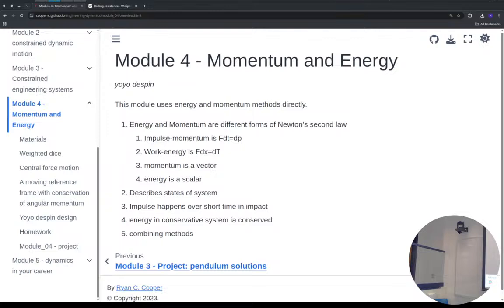Yeah, first stage is what were the concepts. Okay, yeah.